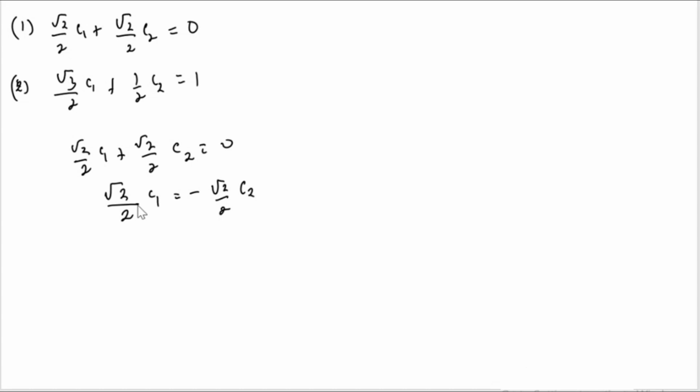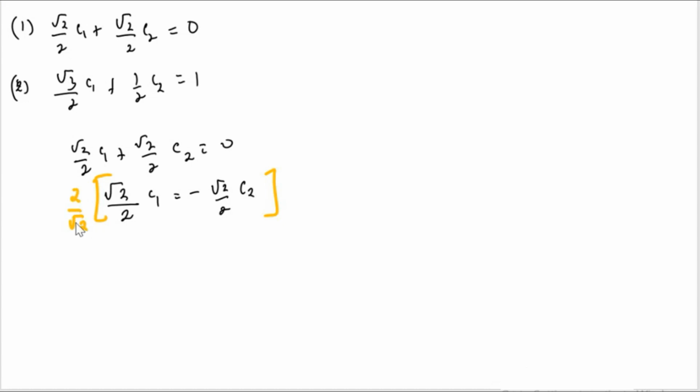Then, to eliminate the coefficients, I'm going to multiply the entire equation by the reciprocal of this coefficient. Since the coefficients are the same, square root of 2 over 2 on both sides, to eliminate the coefficient I'm going to multiply by its reciprocal, which is 2 over square root of 2.